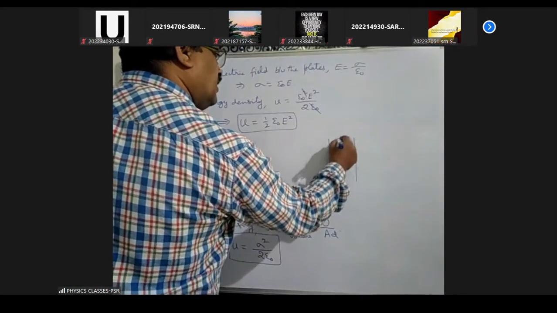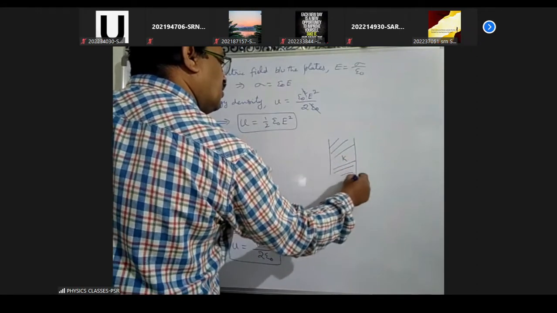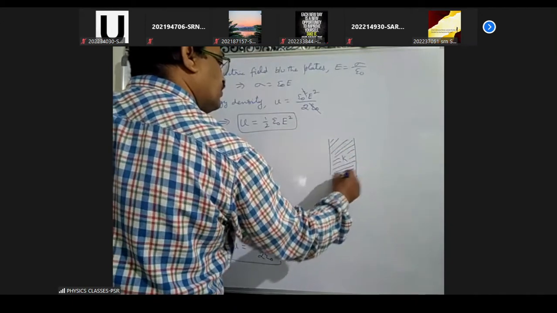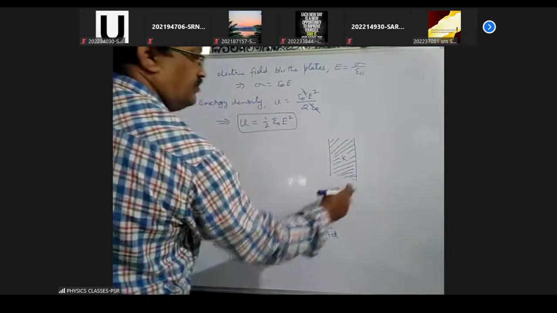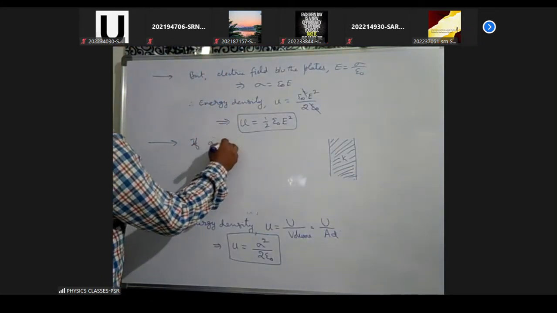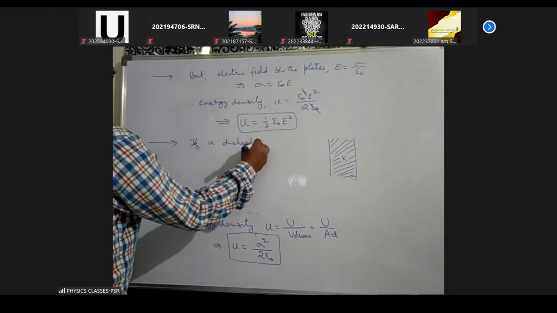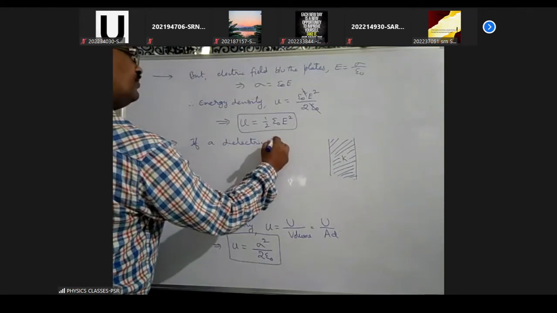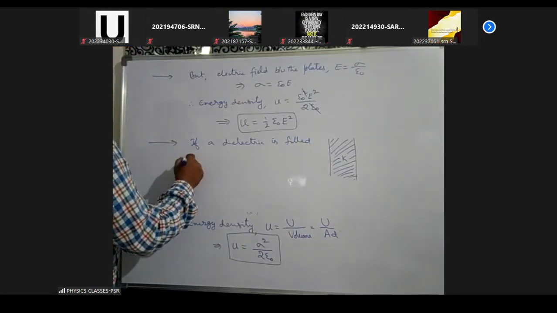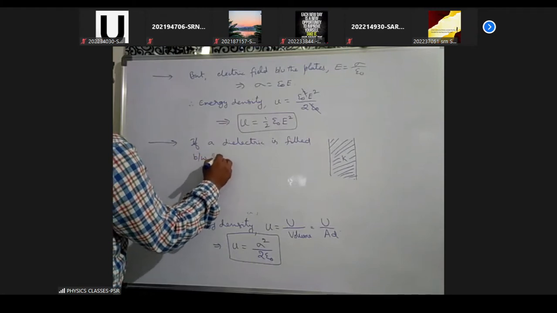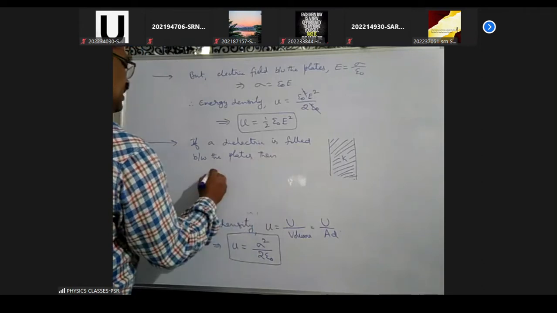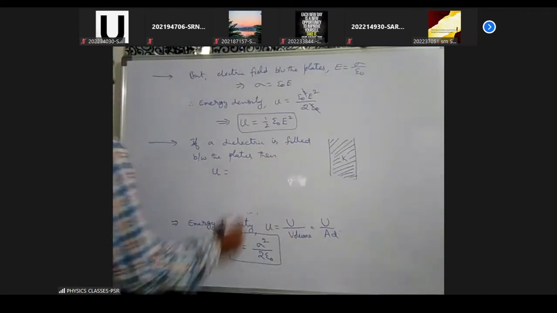Here, a dielectric of dielectric constant K is filled between the plates. Then what is the energy density?